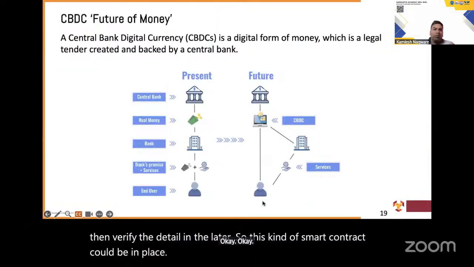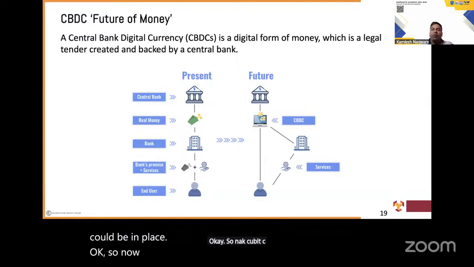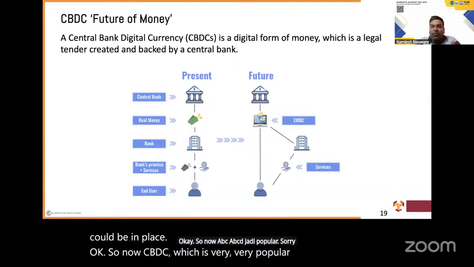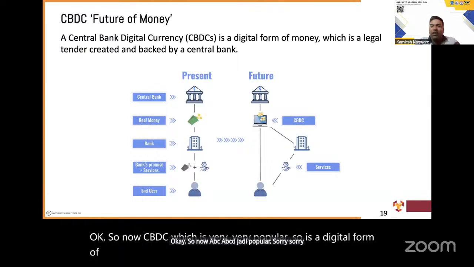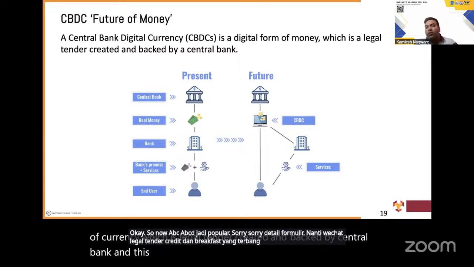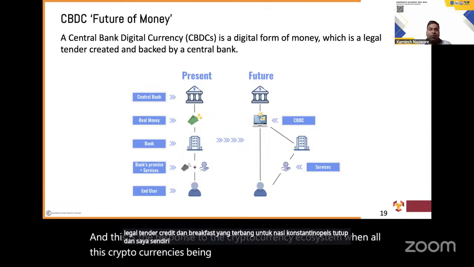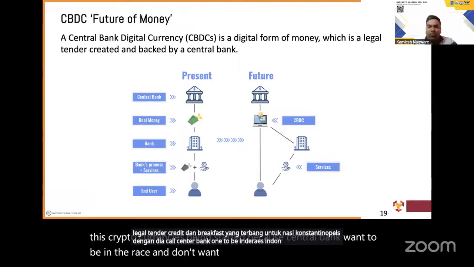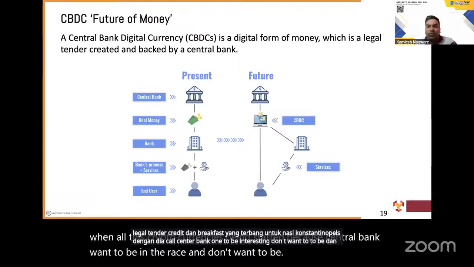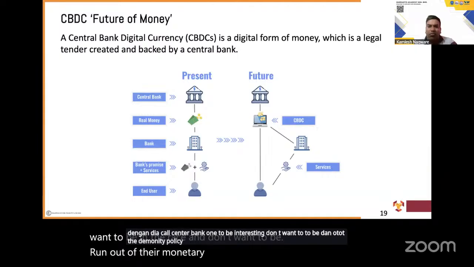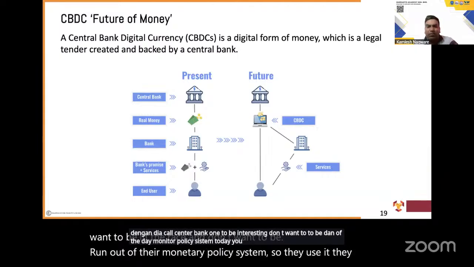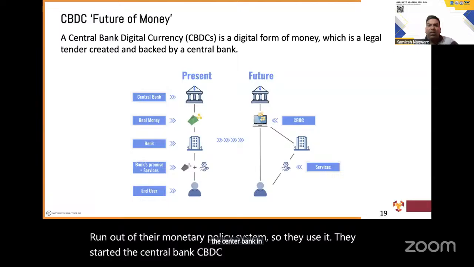Okay, so now CBDC, which is very popular, is a digital form of currency which is a legal tender created and backed by the central bank, and this is the response to the cryptocurrency ecosystem when all these cryptocurrencies started, because the central bank wants to be in the race and doesn't want to run out of their monetary policy system. So they started the central bank CBDC, a blockchain based digital currency.